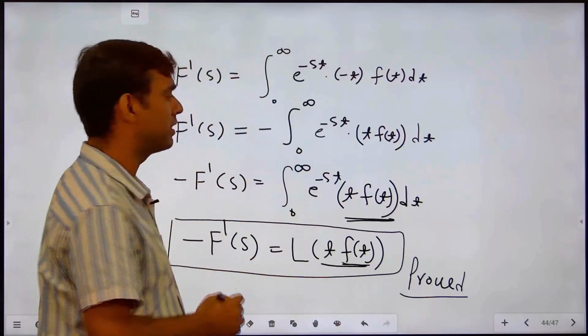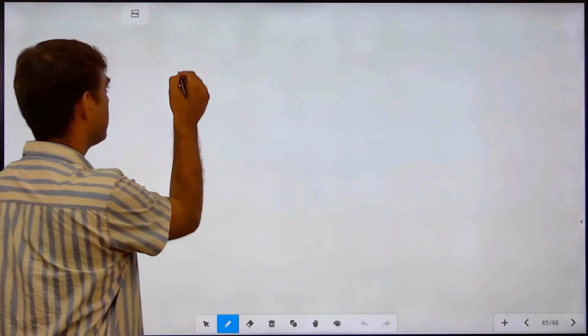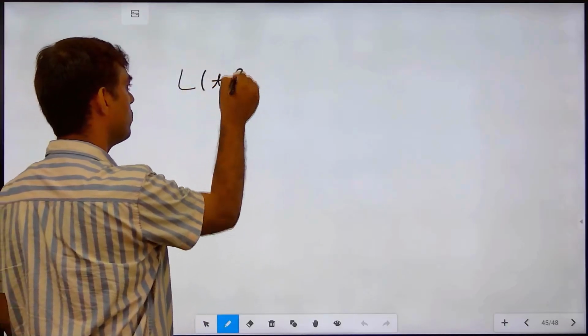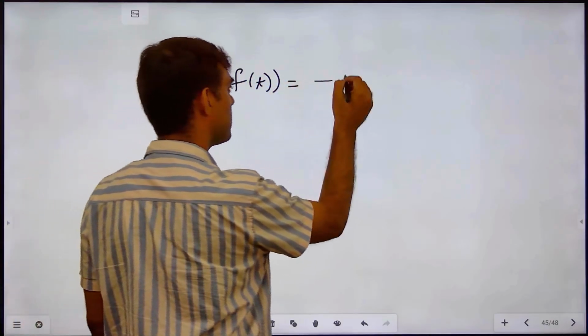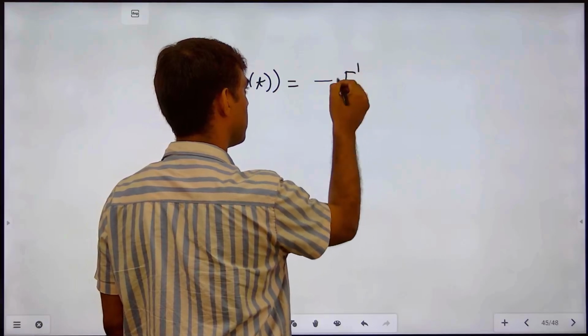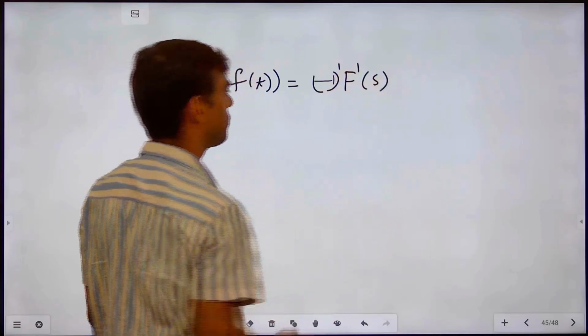This result can be generalized: the Laplace transform of t into f(t) is minus 1 to the power 1 F dash s.